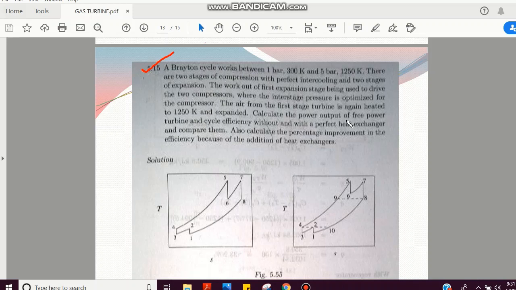Calculate the power output of the free power turbine and the cycle efficiency without and with a perfect heat exchanger and compare them. Also calculate the percentage improvement in the efficiency because of the addition of heat exchangers.